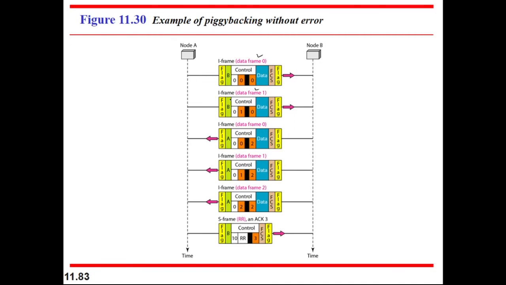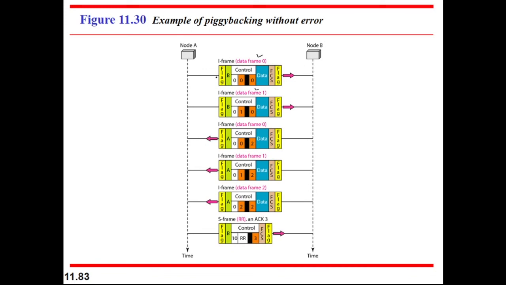So two values can be passing here. The sequence number can be different, the first one is 0 and the second one is 1. So piggybacking means you need to pass the sequence number, and from the receiver end you need to pass the acknowledgement also.